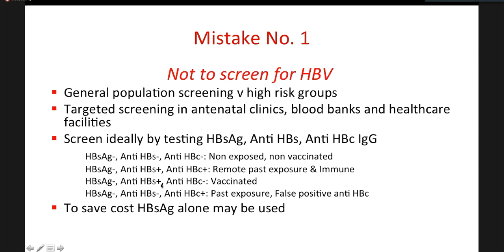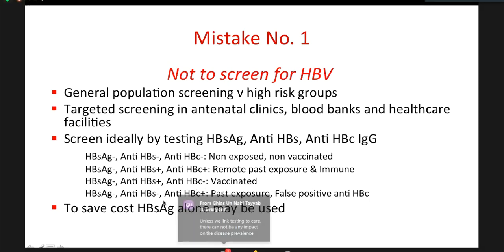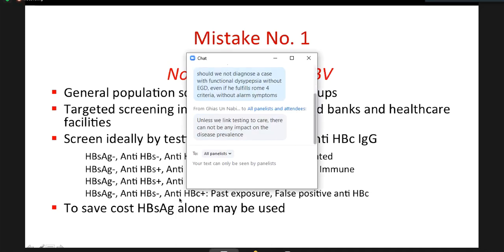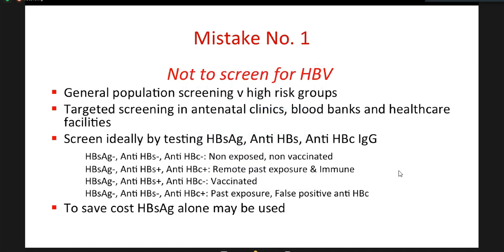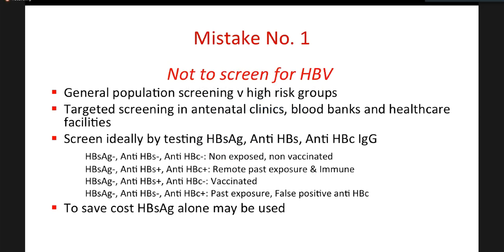We used to ignore this in the past, but now when we use strong immunosuppressants and chemotherapeutic agents, these should be kept in mind. The patient and the physician should be mindful of the fact that if this patient requires future immuno or chemotherapy, he may require preemptive therapy, as we call it.